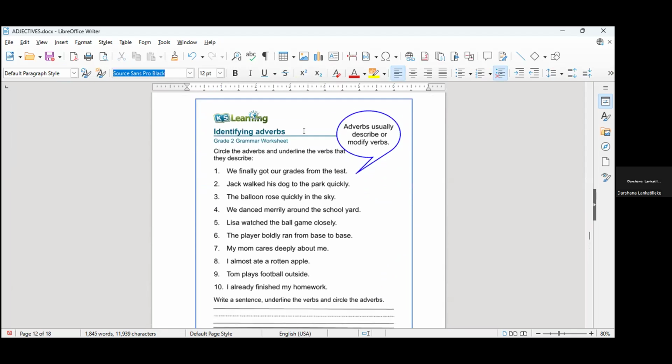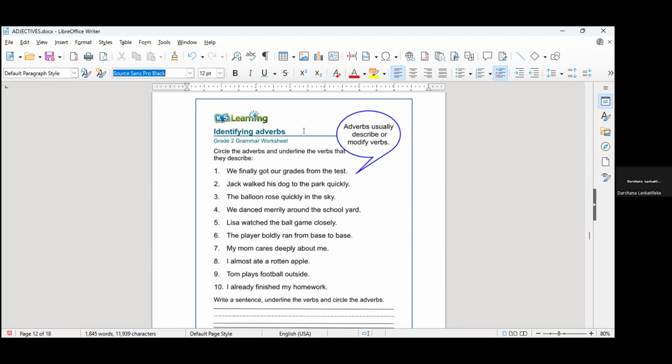So this is a small activity for you. Circle the adverbs and underline the verb that they describe. So you have to do two things, right? First, find the verb and underline the verb. Find the adverb and circle the adverb.